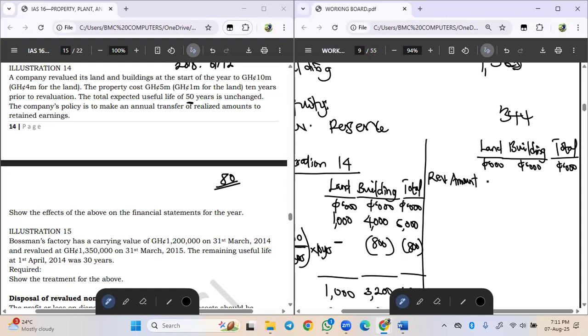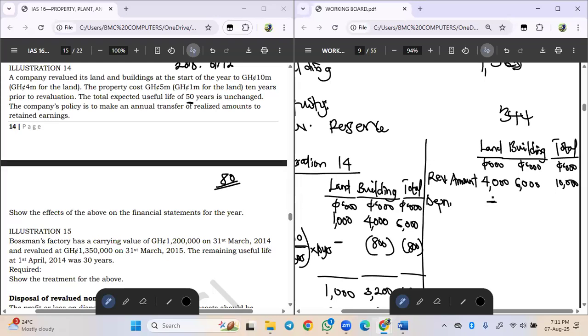Okay, so the revalued amount, land was what? 4,000. Building was 6,000, right? Total will be 10,000.